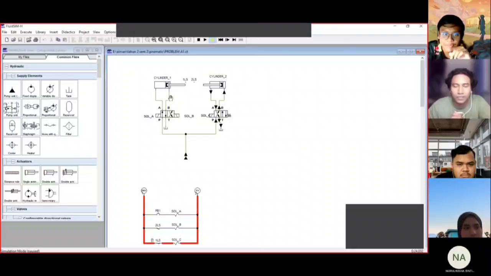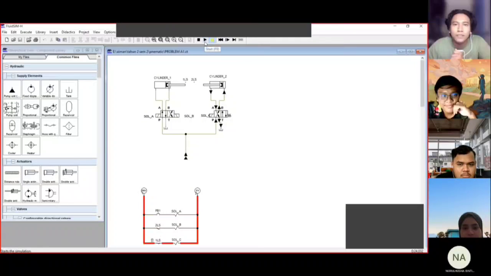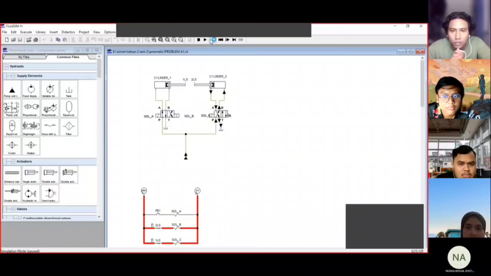Syed, why does cylinder 2 extend? Okay, first I will show it. Cylinder 2 extends because limit switch 1 is activated, so it energizes solenoid C and shifts the single solenoid valve, normally return, to extend cylinder 2 until limit switch 2.